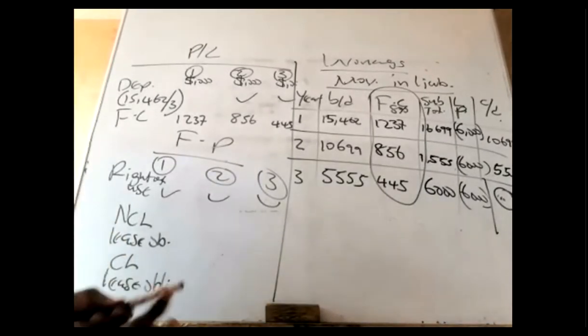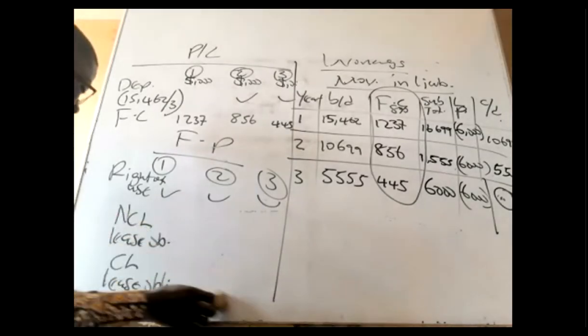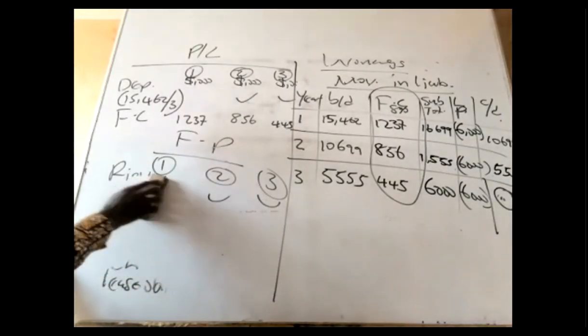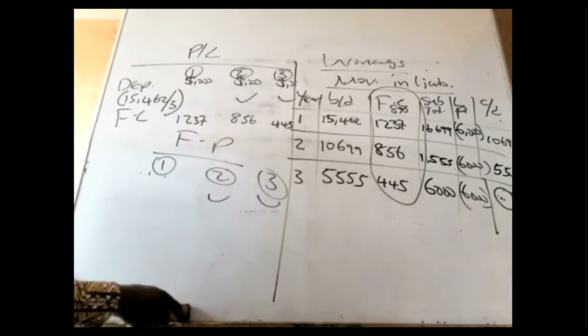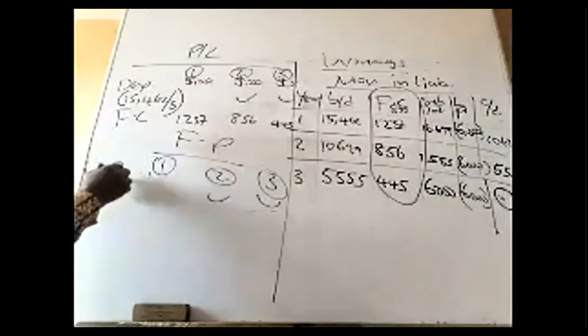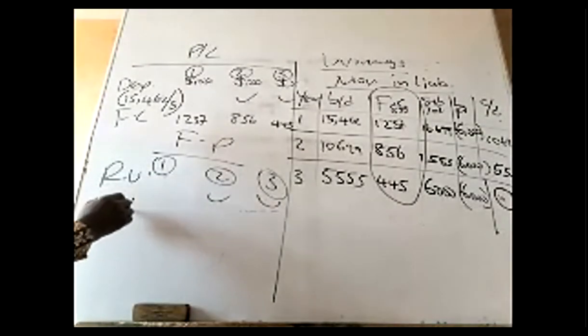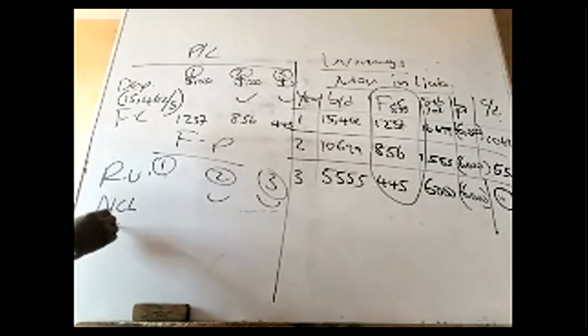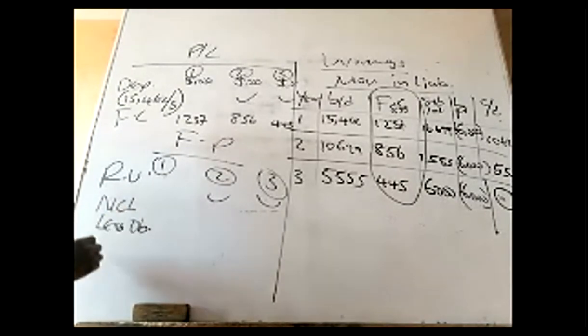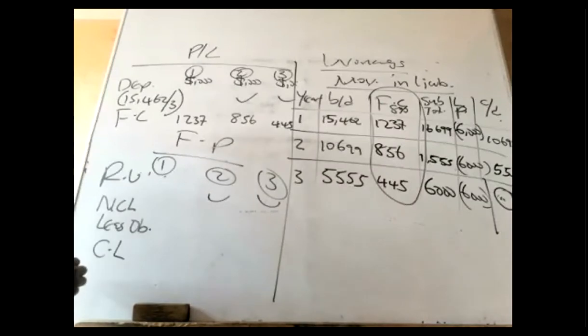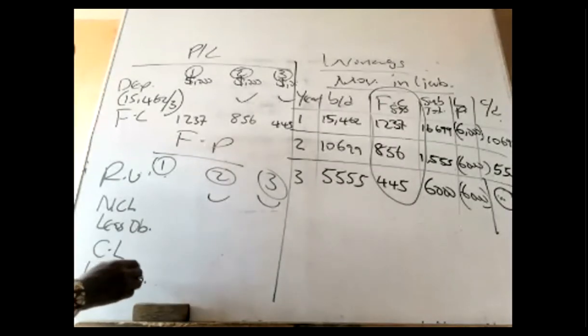Let's go to the financial position in the balance sheet. How do you record the lease liability: right of use, non-current liability, lease obligation, current liability, lease obligation.